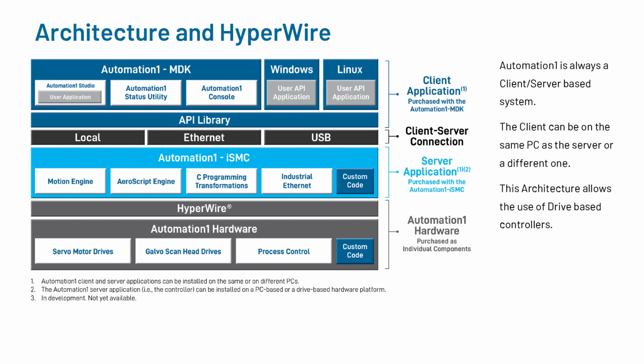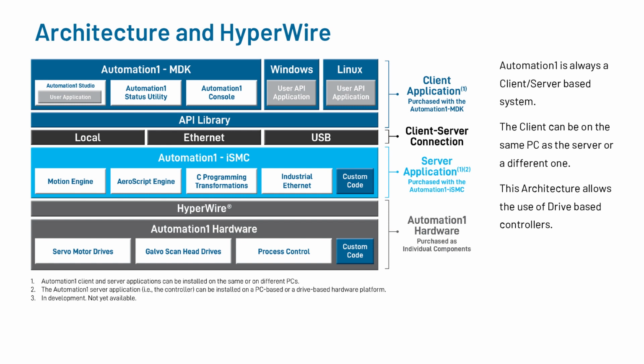As I'm sure you're all aware from our other videos, and from your local sales engineers, the real power in Automation1 is that we have a very flexible method of applying our controls now. You have many of the same features A3200 had, but now not just on a PC-based system, but on a drive-based system as well. And of course, a drive-based system is often a more cost-effective solution.